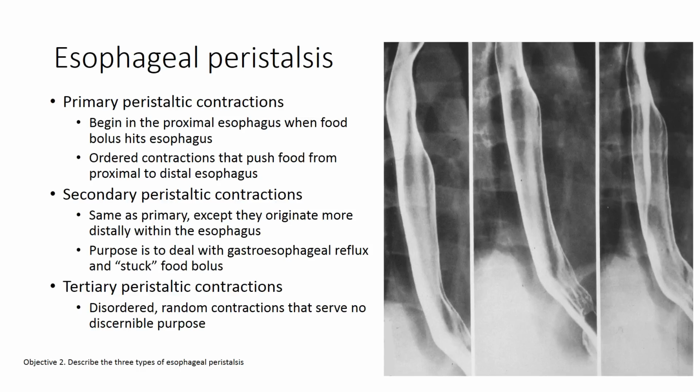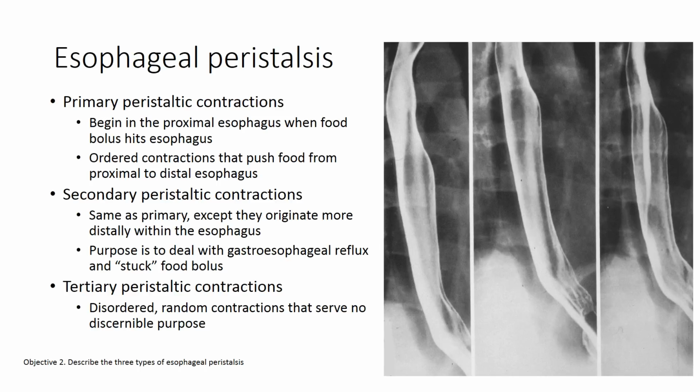They are coordinated contractions that serve to propel a food bolus from proximal to distal. The purpose of secondary peristaltic contractions appears to be to deal with gastroesophageal regurgitation or reflux, and also to help propel a stuck food bolus into the stomach.